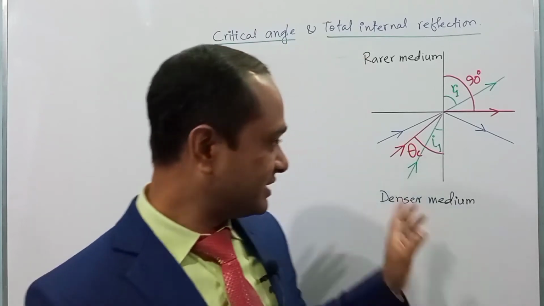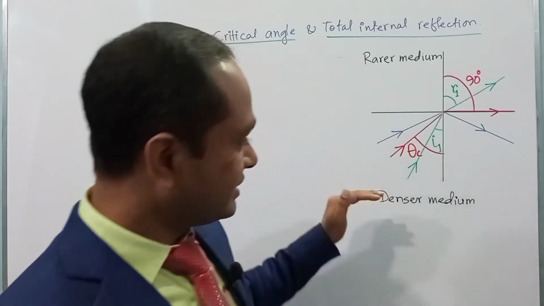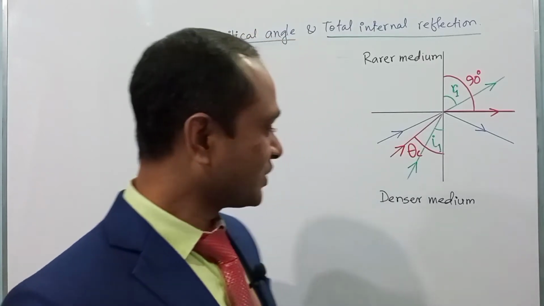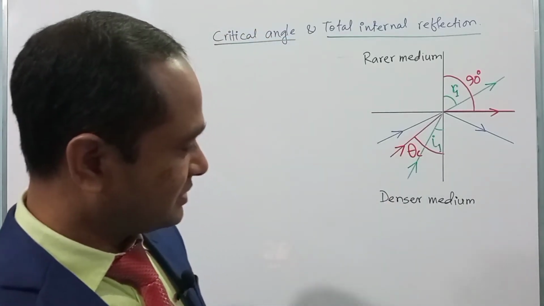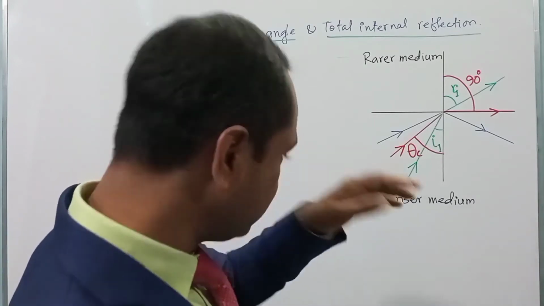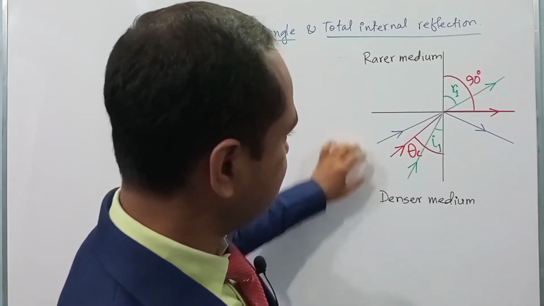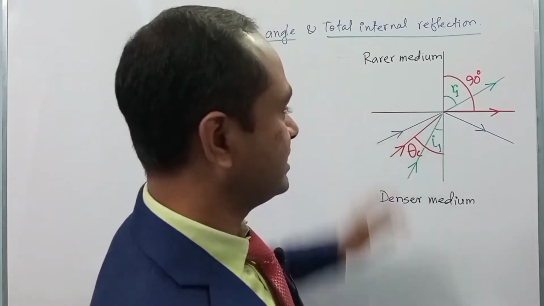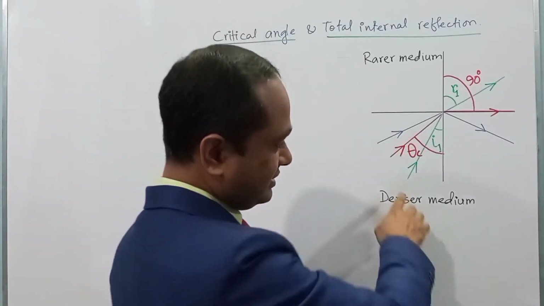But on the contrary, if the light enters from the denser medium to the rarer medium, this figure describes that phenomenon. Suppose this is a denser medium and this is a rarer medium. Light is entering from the denser medium to the rarer medium. First we consider the green light.